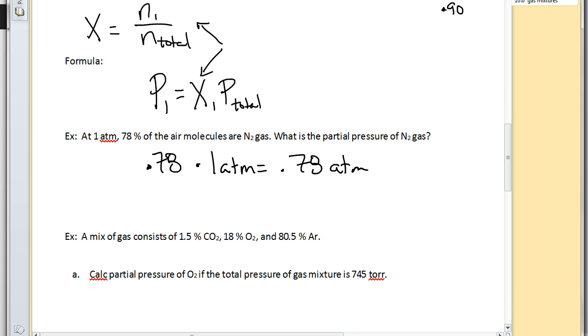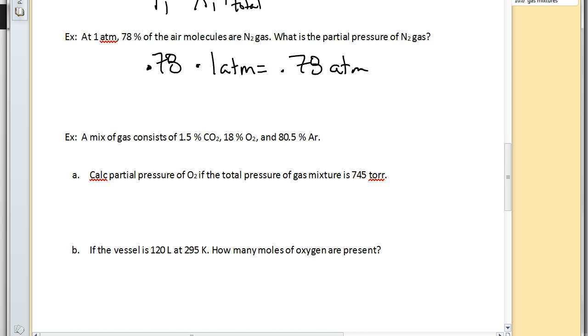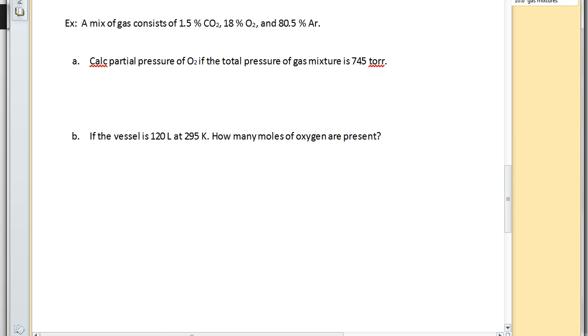Real super easy question, but let's look at the next one that gives us a little bit more in-depth question, although not much more challenging. Okay, so they're giving us a problem with a mixture of gases. We have 3 different gases: 1.5% carbon dioxide, 18% oxygen, and 80.5% argon. And we're being asked to calculate the pressure of the oxygen if the total pressure of the gas mixture is 745 torr.